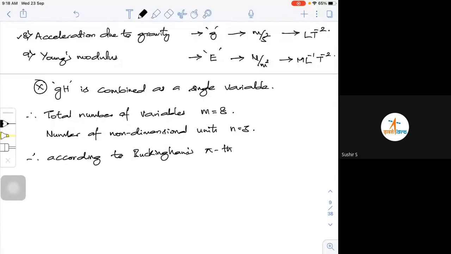the number of pi terms, how much is it actually? It is m minus n, which is 8 minus 3, so 5 pi terms.